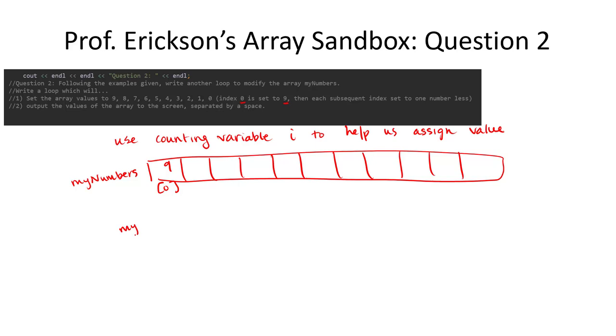So that one's easy. We can just say myNumbers element 0, we want that to be 9. myNumbers element 1 should be 8. What about myNumbers element I?